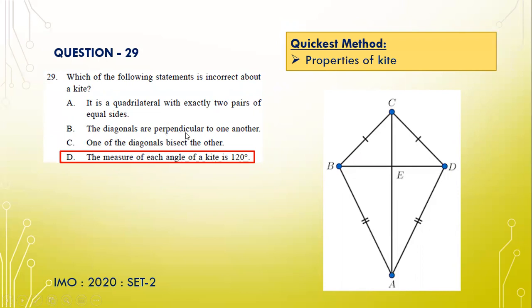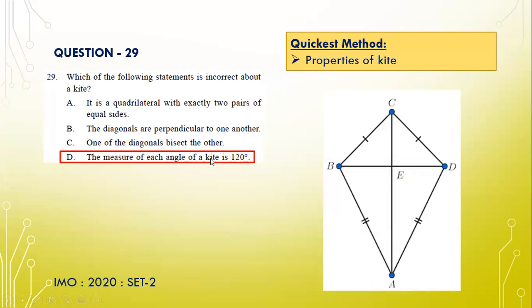The diagonals are perpendicular to one another, which is also correct. The diagonals will be exactly perpendicular to one another. One of the diagonals bisect the other, which is also perfect. So this diagonal, it exactly bisects BD. One of the diagonals is exactly bisected by the other diagonal, which is exactly correct.